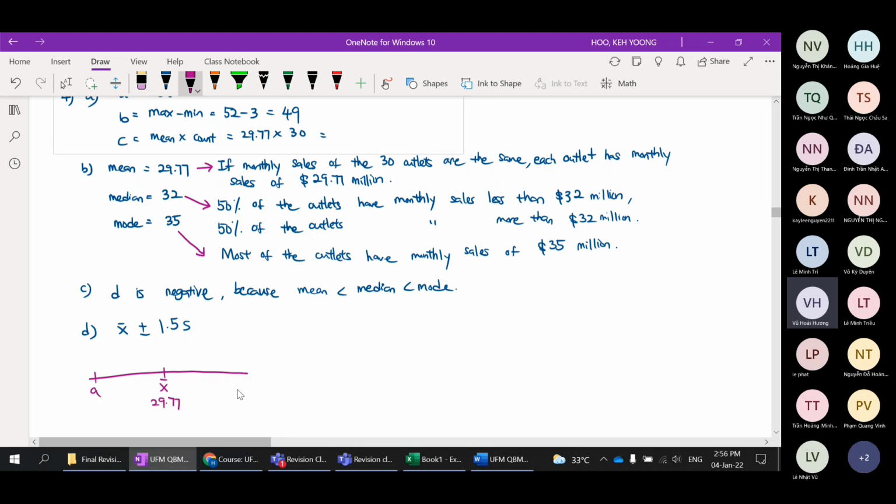What are the A and B values that are 1.5 standard deviations away from the mean? Looks very familiar with the previous questions, the Chebyshev theorem. But the K is given to you already. The K is 1.5 here. So the question straight away asks you to find the interval. Just substitute the values inside.